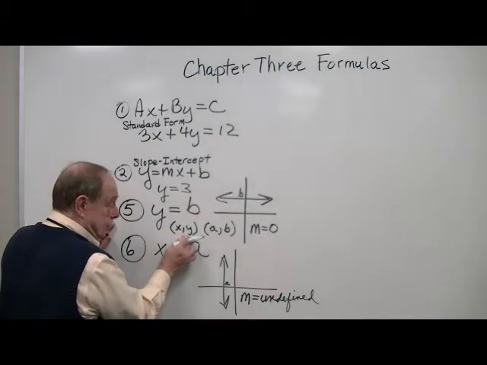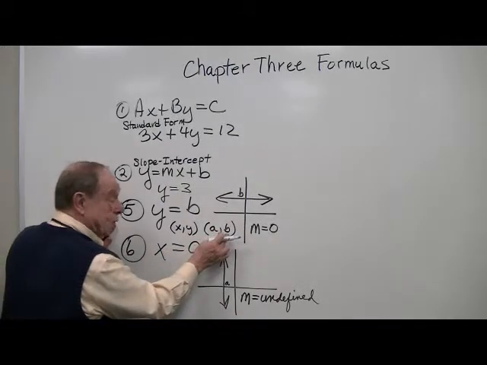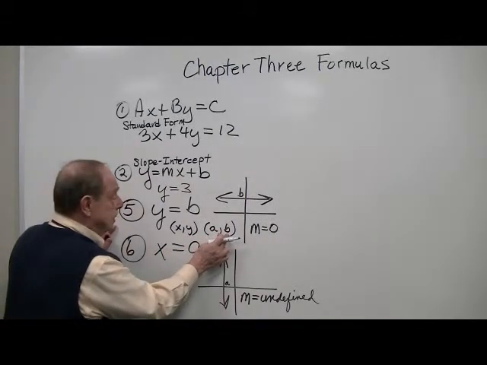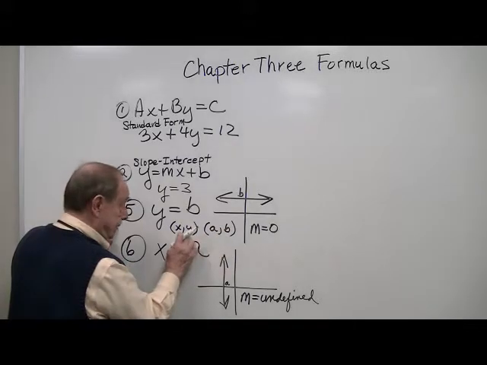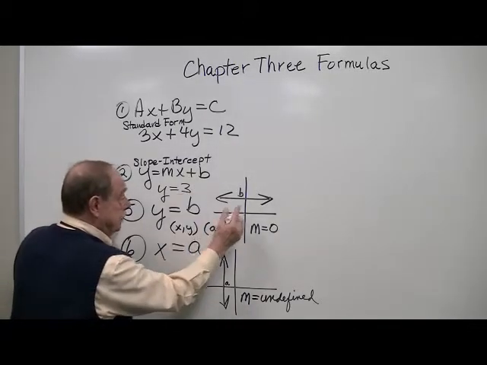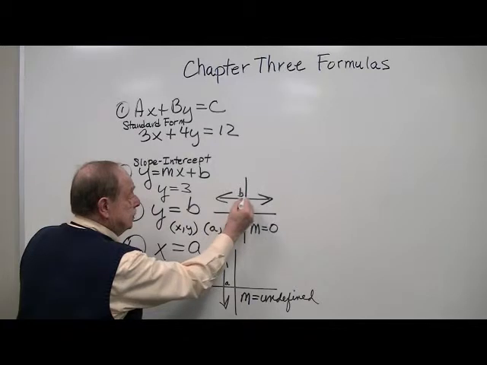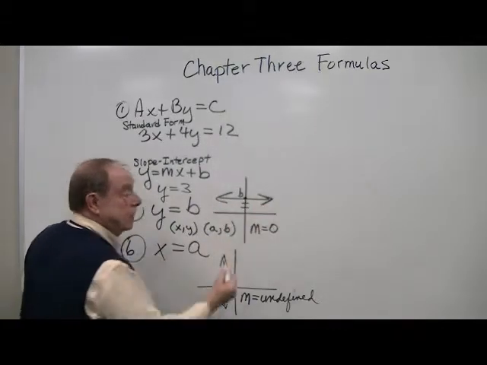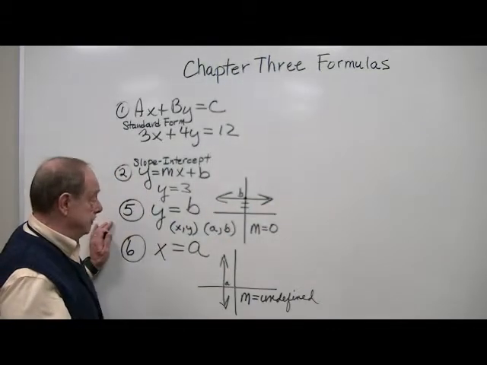That if they tell you an ordered pair, that's this value of y, it's what's in the b position, you're just going to go to that value of y, which is 3, 1, 2, 3, and draw a horizontal line.